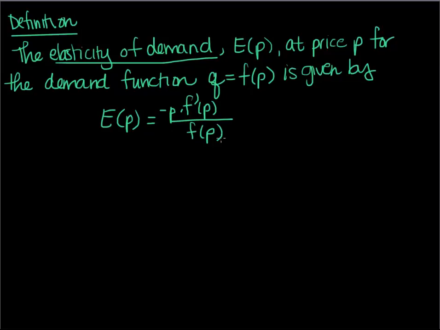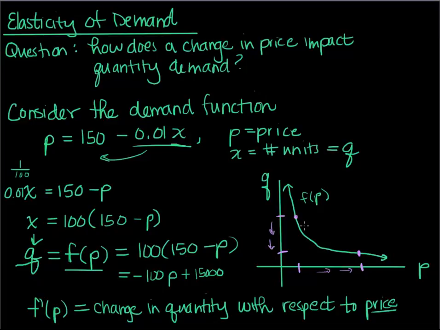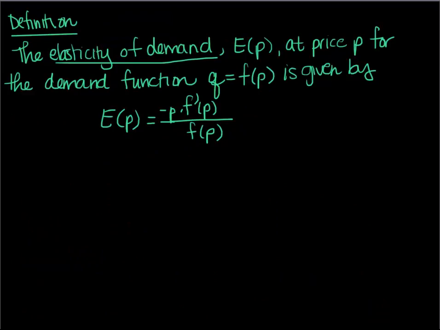Now, here's the thing. Why did we put the negative sign? Well, if we look back at this function right here, what do you notice about the slope of this function? If I took all of my derivatives, f prime of p would be less than 0. It'd always be negative. And we want our elasticity to be positive, because elasticity of demand is comparing the percent rate of change of quantity with the percent rate of change of price.